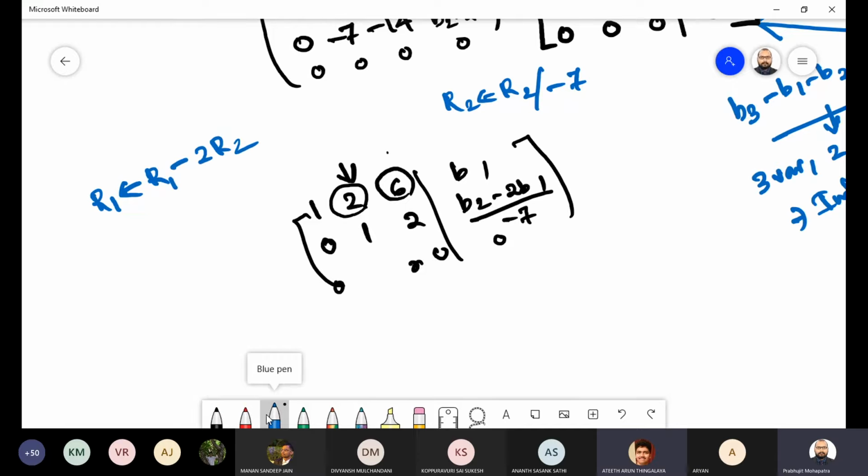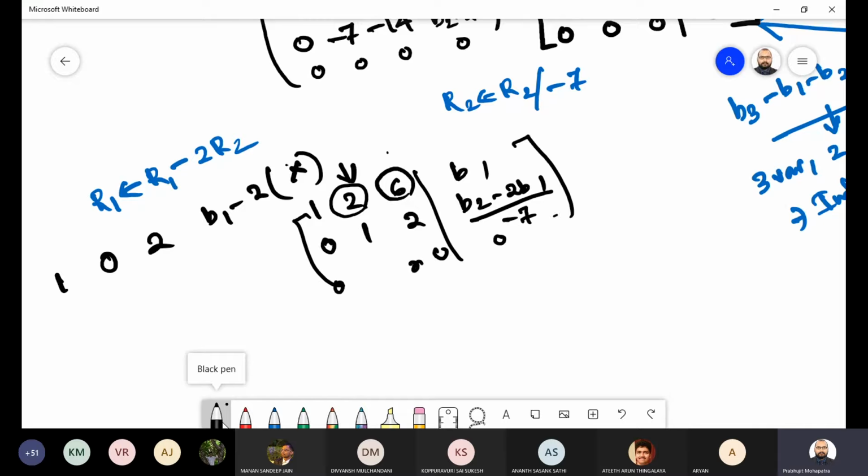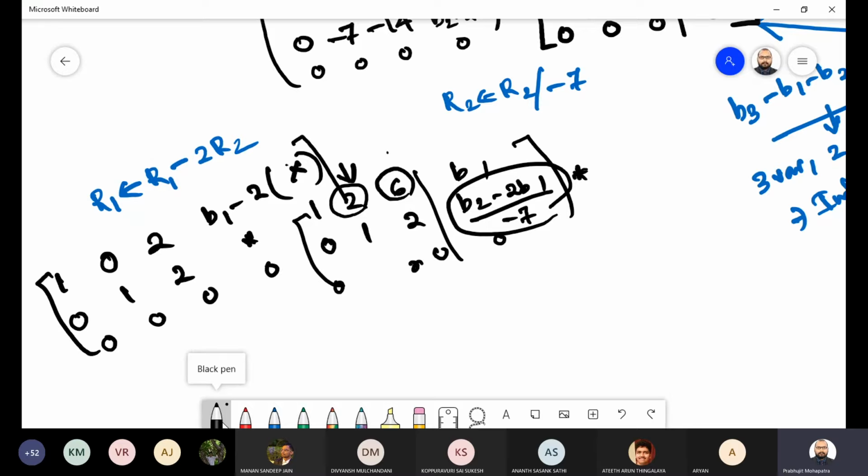Then 1 minus 2 times 0 is 1, 2 minus 2 times 1 is 0, 6 minus 2 times 2 is 2, then B1 minus 2 times this star, which I am taking as a star. Next 0, 1, 2, the star, then 0, 0, 0, 0.